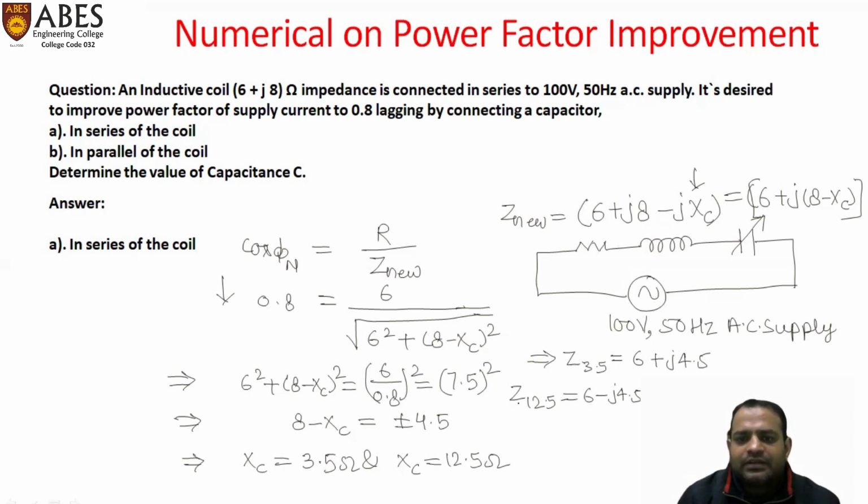So we cannot take 12.5; we take only 3.5. Now we calculate the value of capacitance.